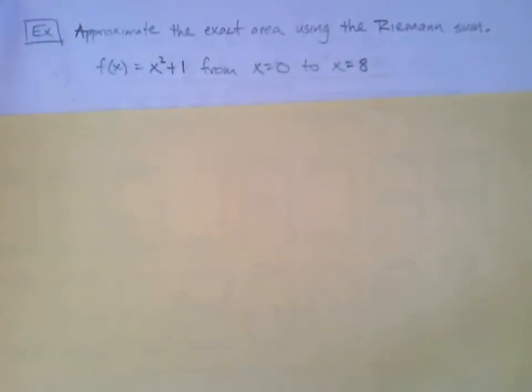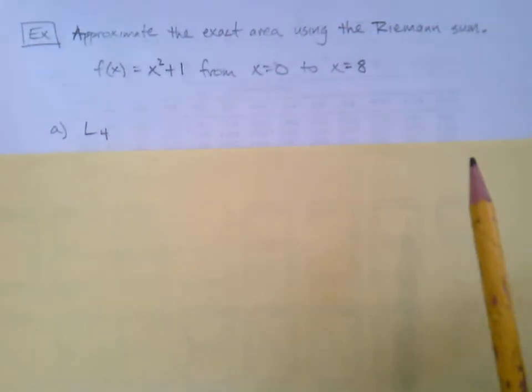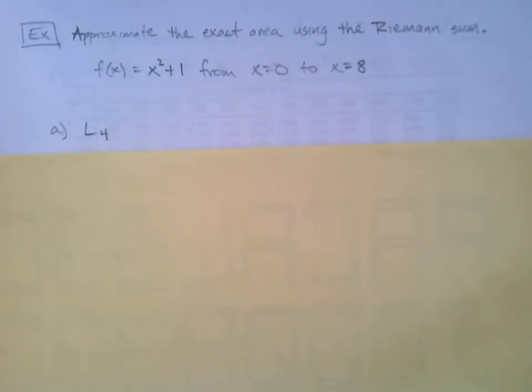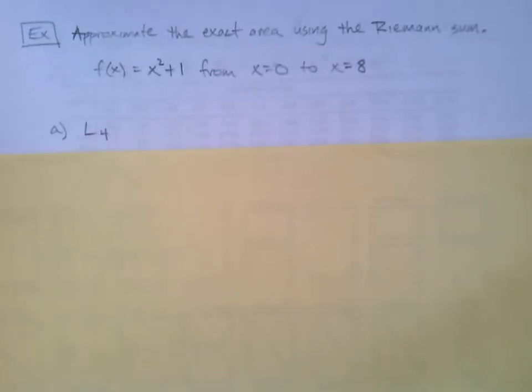Here we go. We're going to look at 2 different versions here. So approximate the exact area using the Riemann sum. We're going to look at f of x equals x squared plus 1 from x equals 0 to x equals 8.